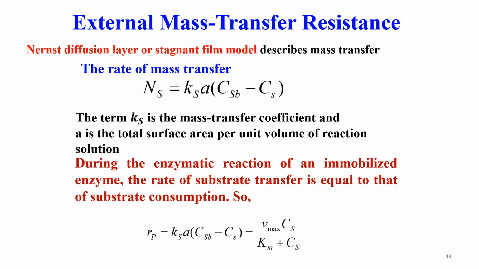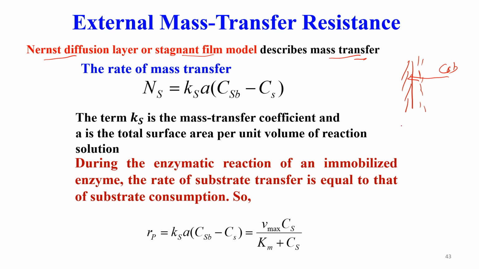As we have seen, in the case of external mass transfer, this is the solid matrix, there is a film through which your substrate is crossing, CSB. As this is a film, we typically apply the film theory, the nearest diffusion layer or stagnant film model, which describes the mass transfer here.